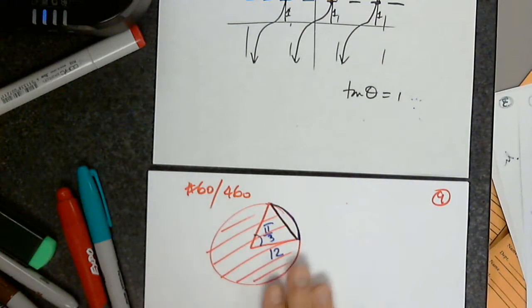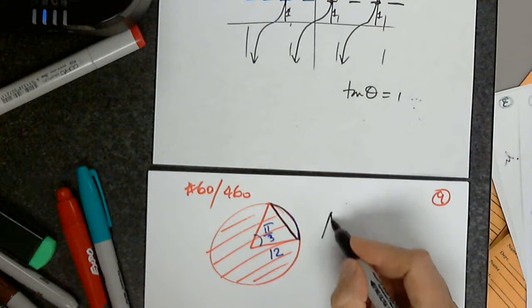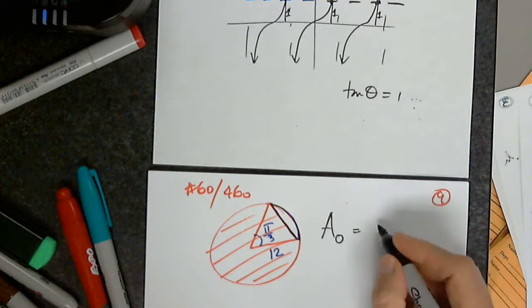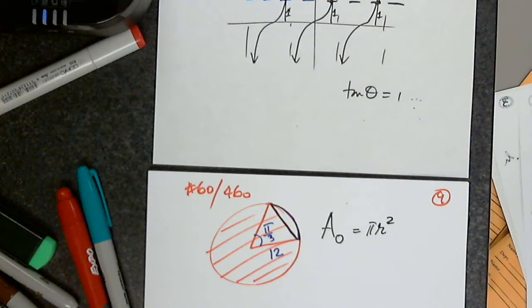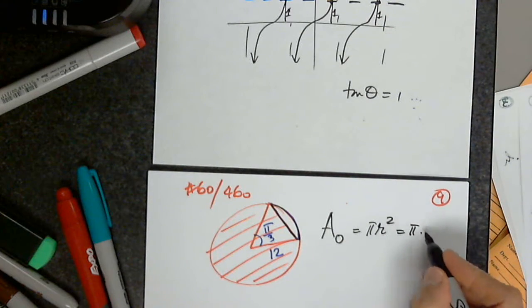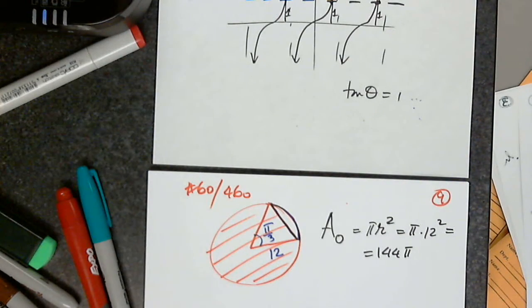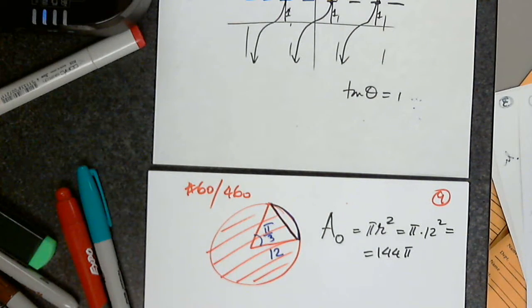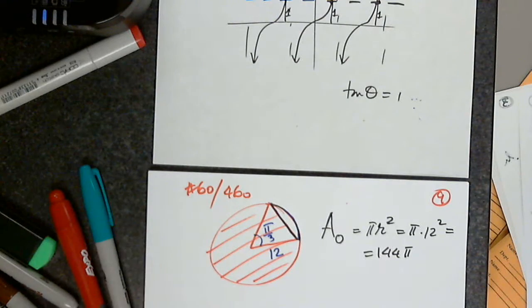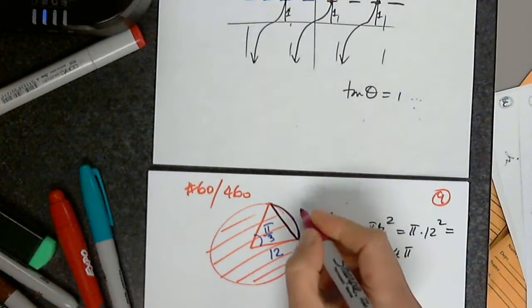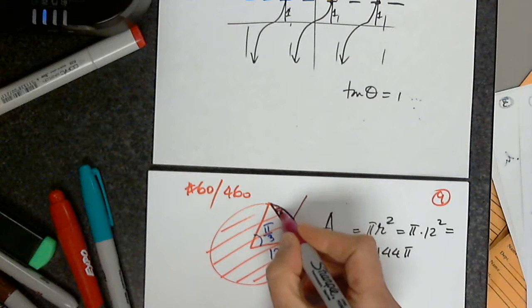So I know that the total area of the entire circle is pi r squared. So that will be pi multiplied by 12 squared. I'm going to just leave it as 144 pi. Now, if I can determine this area, I'm going to call it A1.